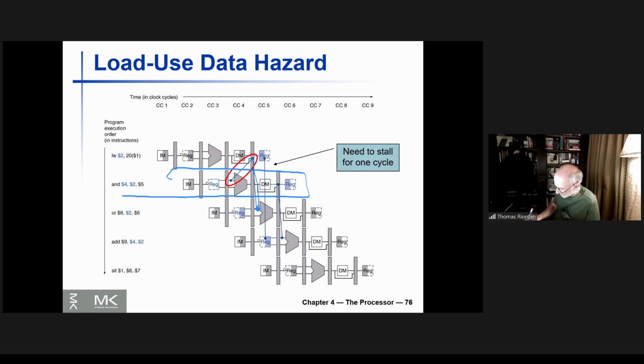So we can get the 2 to here, but somehow we've got to get the 2 to here. And so the author says we need to stall for 1 cycle or insert a bubble in the pipe.